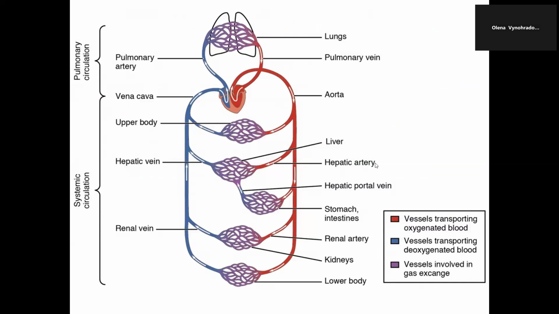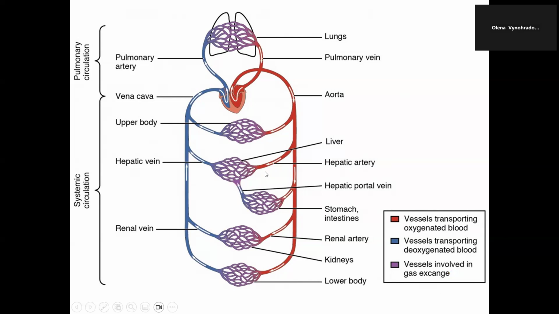When we are talking about the work of the cardiovascular system, we should say that we have two main circles of blood circulation: the small one, or pulmonary circulation, and the large one, or systemic circulation.